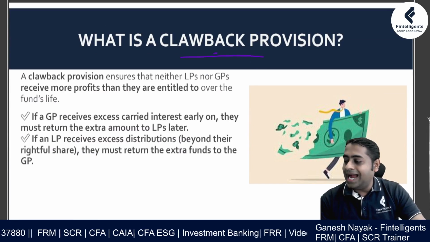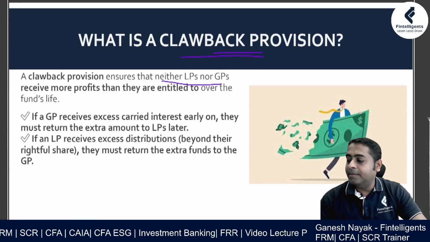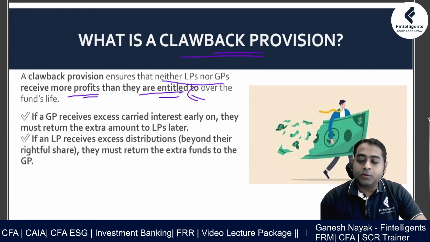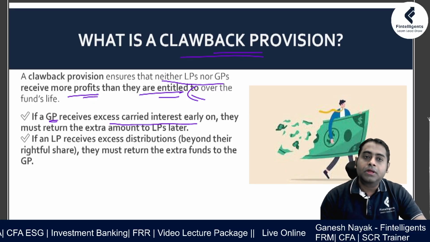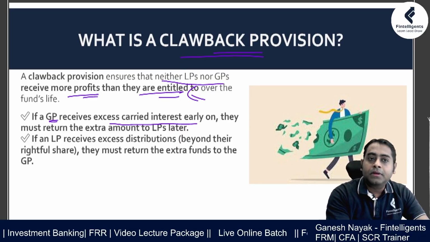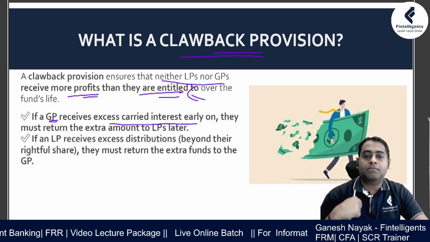Okay, why do we add a clawback provision? Clawback ensures that neither LP nor GP receives more profit than they are entitled to receive. Suppose a GP or a fund manager gets excess carried interest early on, that means he's been able to make exact incentive immediately. Then if he makes some fraud, if anything happens, I will have to collect it from him.